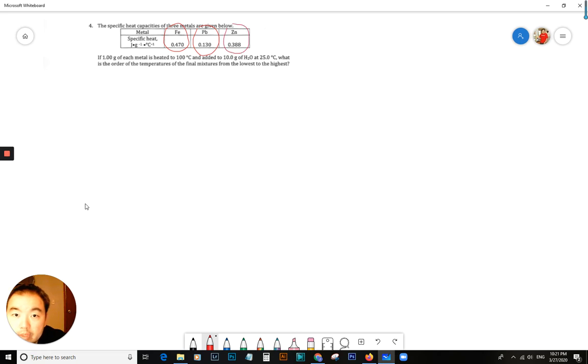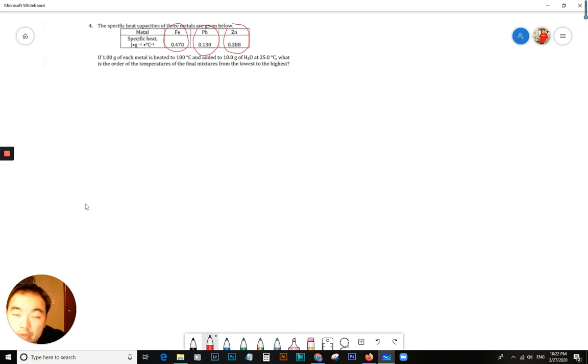We're talking about if we have 1 gram of each of the metals, and start at 100°C and put those metals into water at 25°C, about 10.0 grams. What's the final temperature if we put the iron metal, lead, and zinc into the water? So what's the final temperature for each of these?